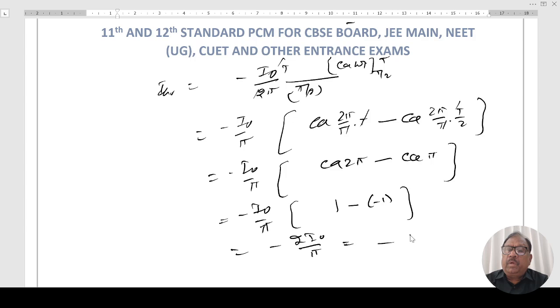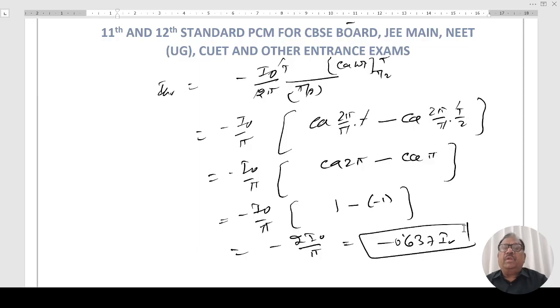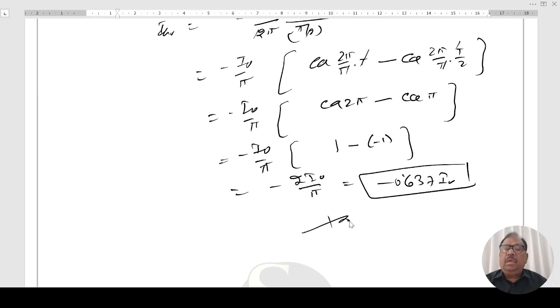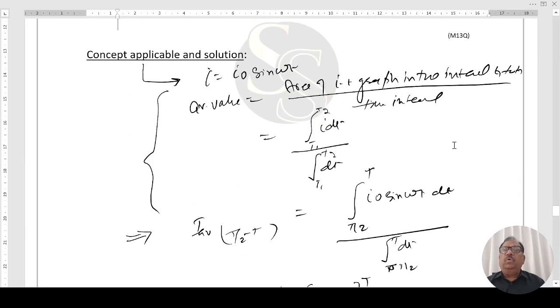That is minus 2 I naught upon pi, that is minus 0.637 I naught. This is for the negative half cycle. The answer is this one. The average value, because you know, we already did it for half cycle, not for the complete cycle.